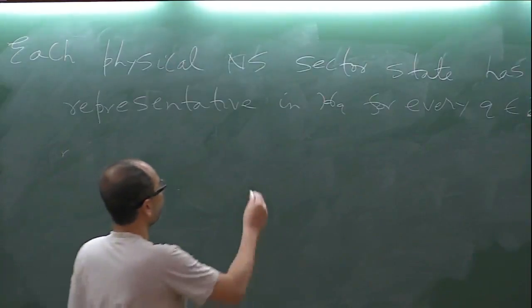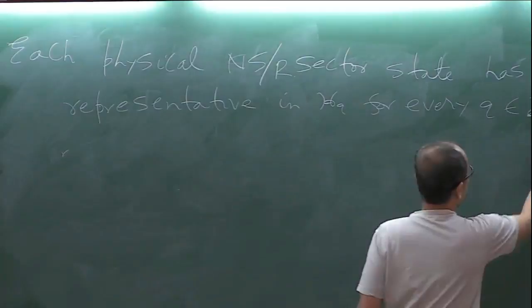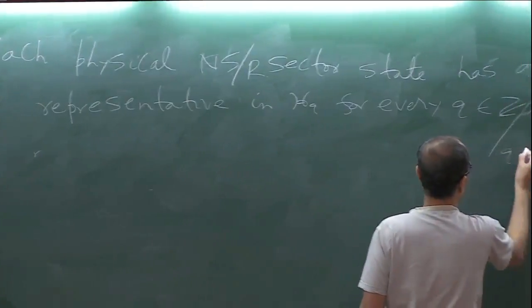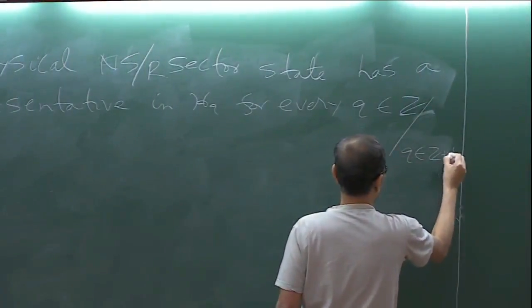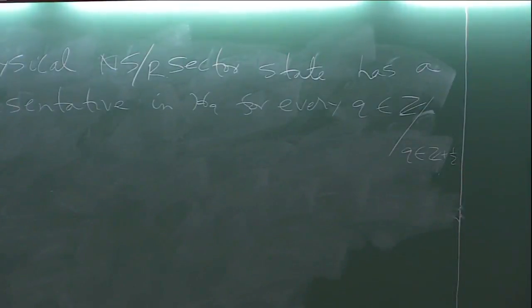And if you replace NS by R, then this will be q belongs to Z plus half. So the physical states don't belong to a given picture number. They in principle belong to all picture numbers which differ by integers.